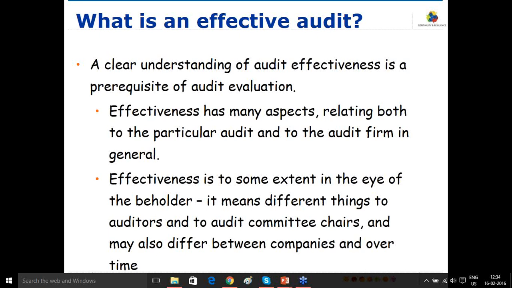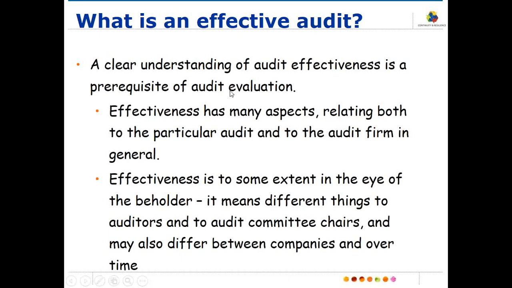It means different things to different auditors and to audit committee chairs, and may also differ between companies over time. Now, you cannot have one yardstick for the effectiveness of all the audits. One needs to look at the effect of that audit on that particular firm or company in that particular situation.